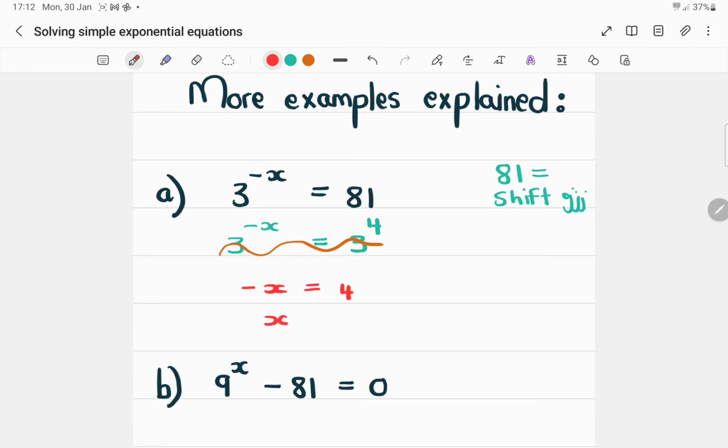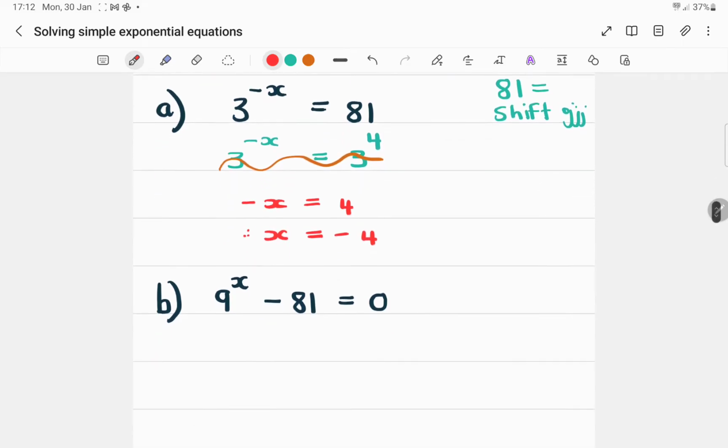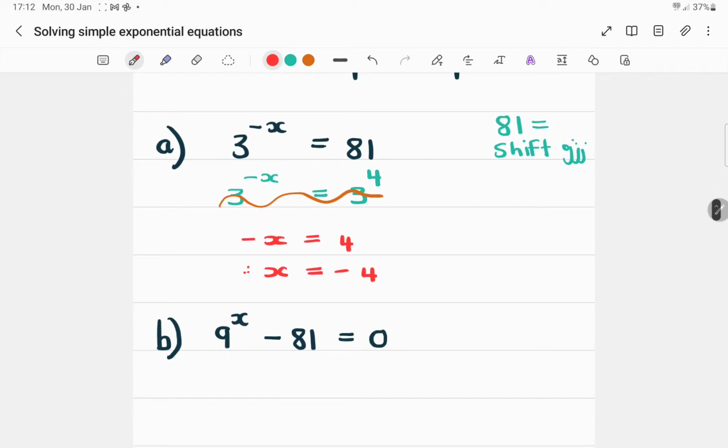Divide with the negative on both sides, and you'll get x is negative 4. Okay, and if you take that, 3 to the power negative 4 should give you 3 to the power of negative, and negative makes a positive 4, which gives you 81.